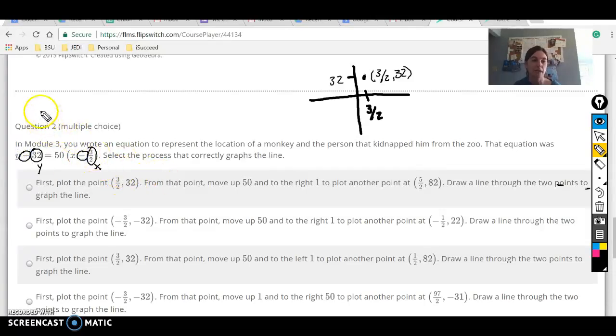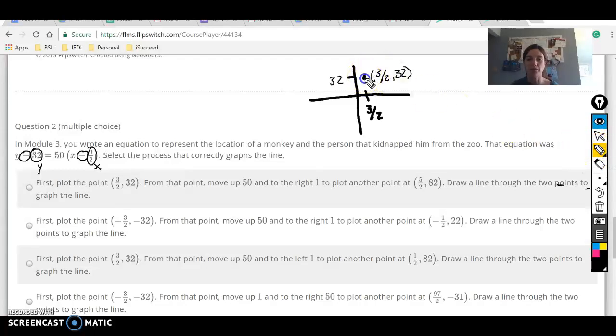So if we were to have y plus 32 or x plus 3/2, then we would have to use a negative 32 as our point on the y-axis and a negative 3/2 as our point on the x-axis. But since we have minuses in the equation that we were given, we can use a plus 3/2 and a plus 32 for our coordinates.